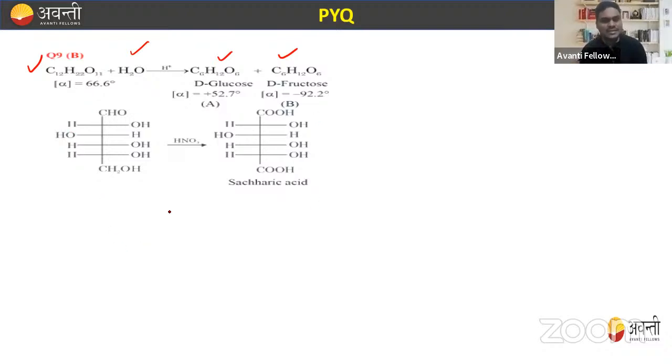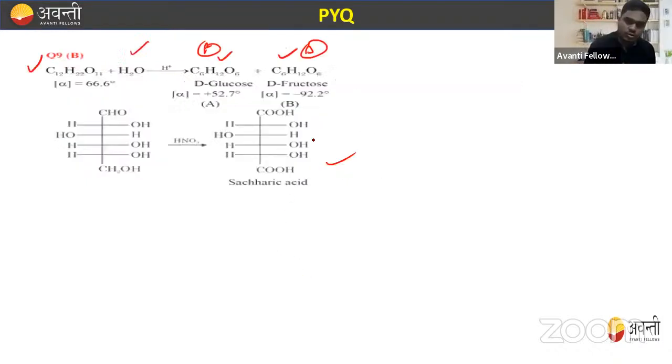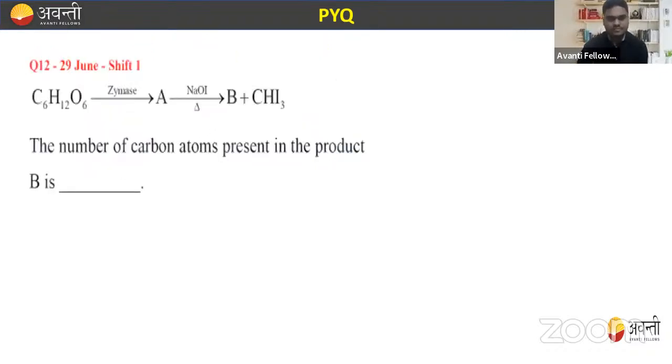When this is treated with HNO3, the formation of saccharic acid also takes place. So these are the two isomers A and B, and one is levorotatory as compared to the other, opposite to this. So the correct option for this question is B, that is sucrose, right? So sucrose is the correct answer for this question.